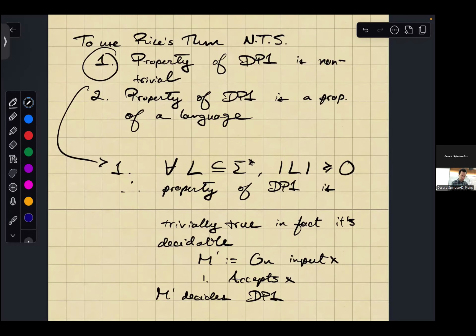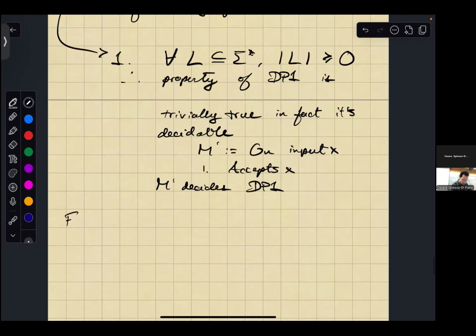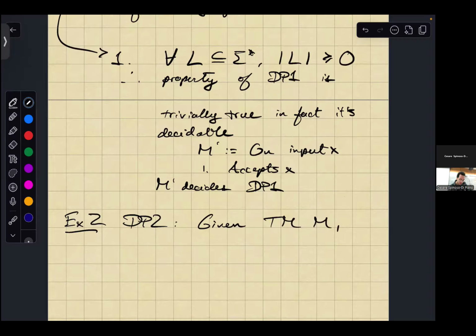Okay, nice. Let's look at a second example, where I now have decision problem 2, which is going to talk about a property. I'm again given an input, which is a Turing machine. And now the question in decision problem 2 is, does M halt on every input string?